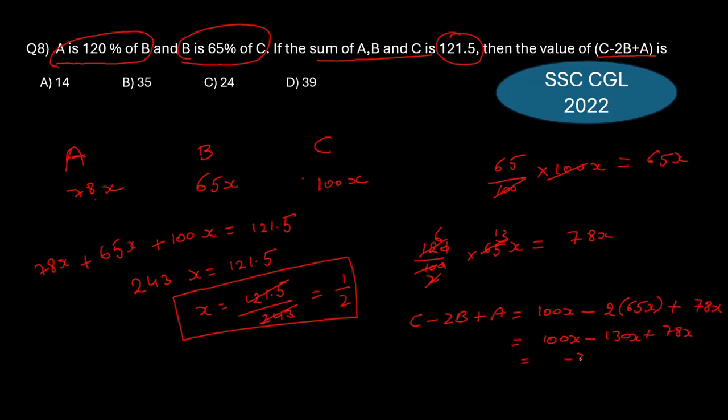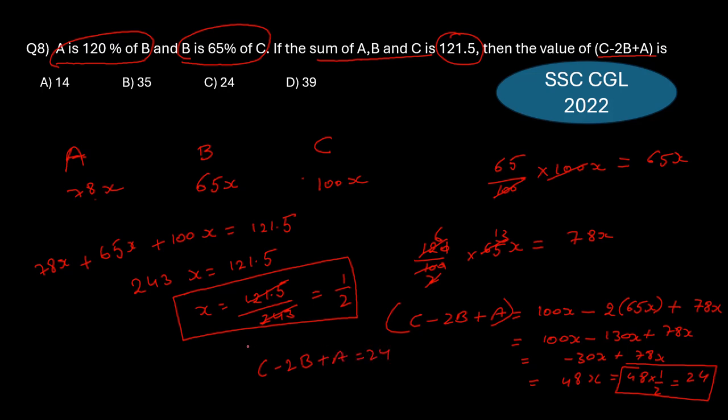That equals minus 30x plus 78x, that is 48x. And the value of x is 1 by 2. So 48 into 1 by 2 equals 24. This is the value of C minus 2B plus A. So C minus 2B plus A equals 24.